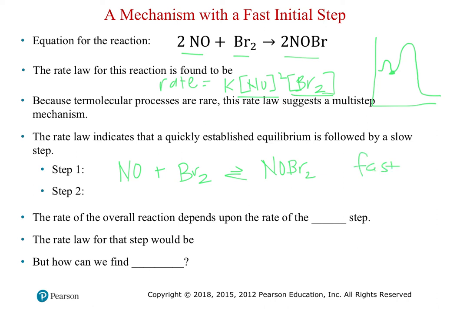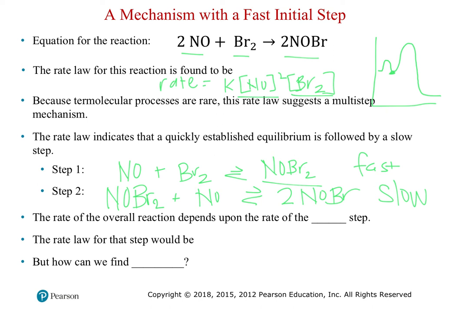So a lot of these intermediates get formed. Then the slow step is where that intermediate reacts with a nitrogen monoxide molecule to make our product, where we get 2 of these nitrosyl bromide compounds. And this is a slow step.